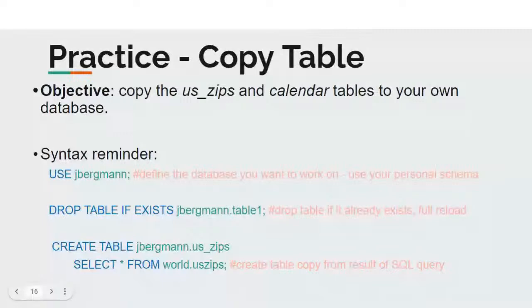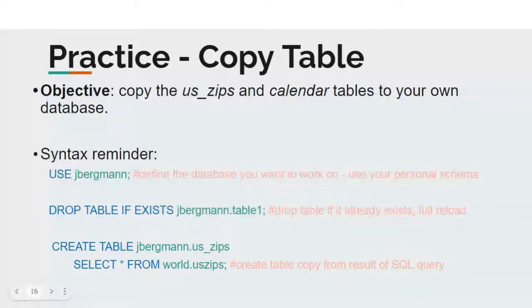It says drop table if exists in your schema, and then that table you can drop, a table that says J Bergman US zips, or use your schema, everything from US zips. So this piece of code uses your schema, it drops, and this should be J Bergman US zips. It'll drop the table if it already exists, and then it'll create a table using all the information from US zips.